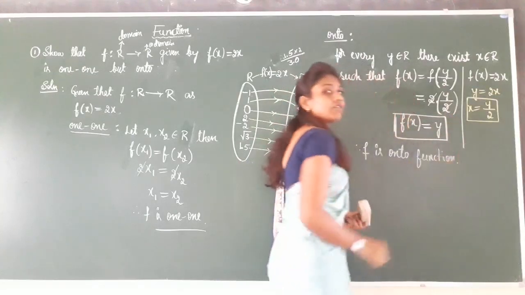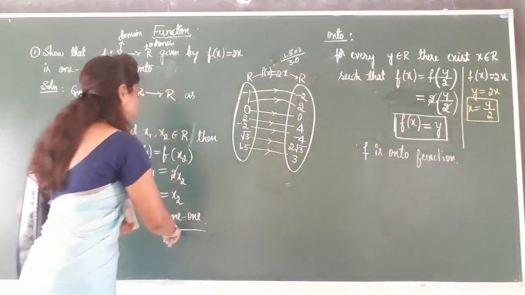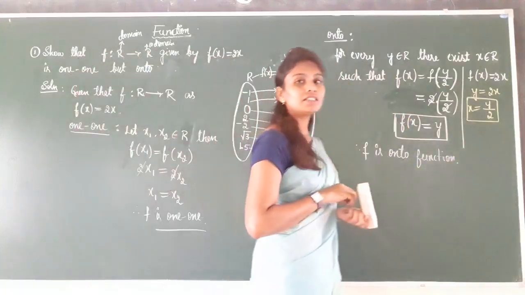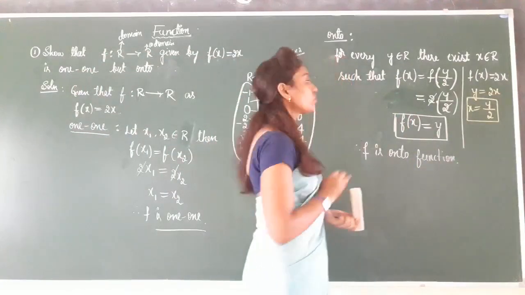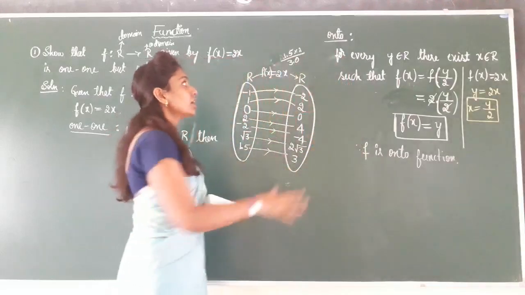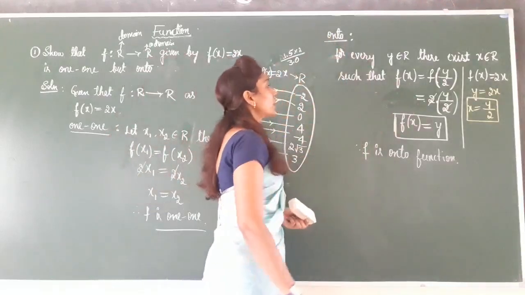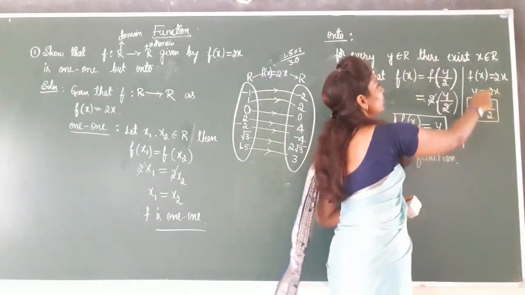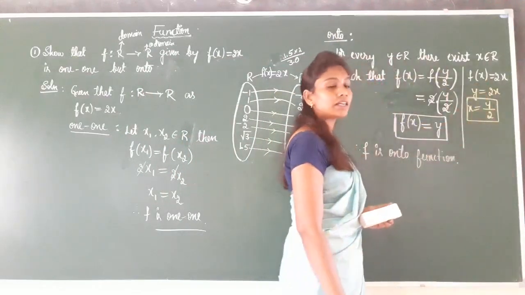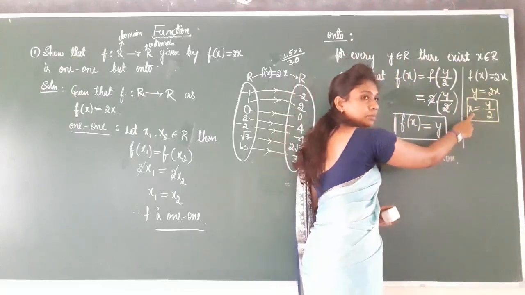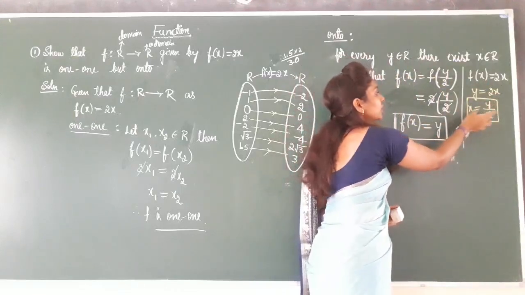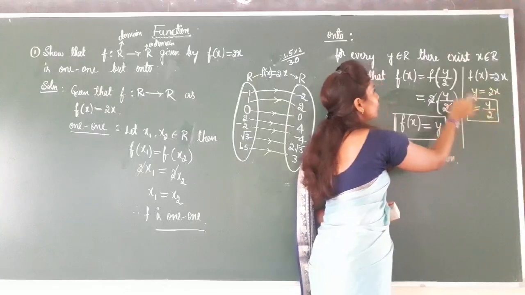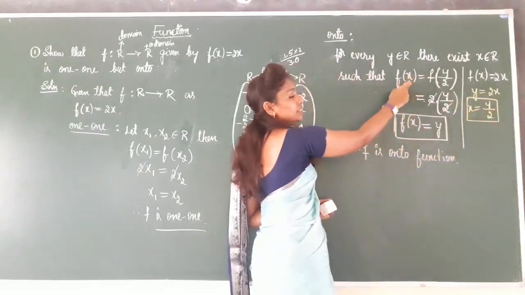The given function is both one-one and onto. That's why this is a bijective function. Is it clear? It is very important for proving onto. Before proving onto, the given function must be represented in terms of x. Then we substitute the value of x in the place of x here.